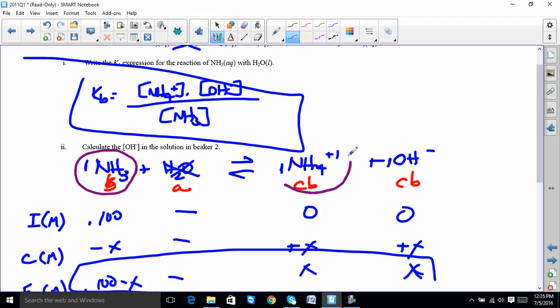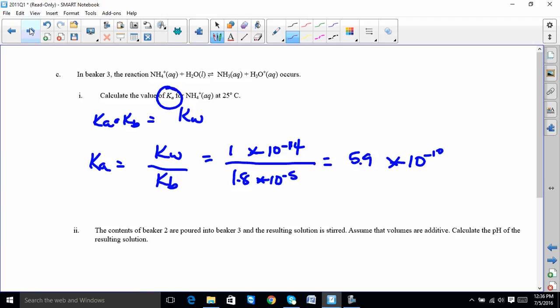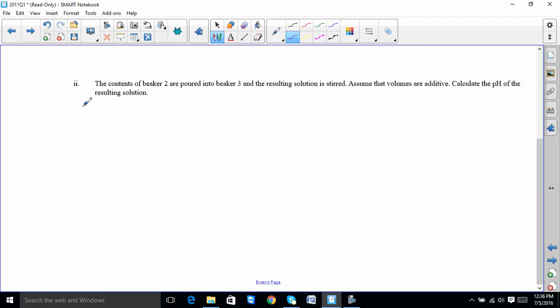This is what's in beaker 3. I see a mistake here. This is Ca. And so basically what you have is a weak base and the conjugate acid of a weak base. And so what this equation is, very interestingly enough, is this ends up being a buffer system.